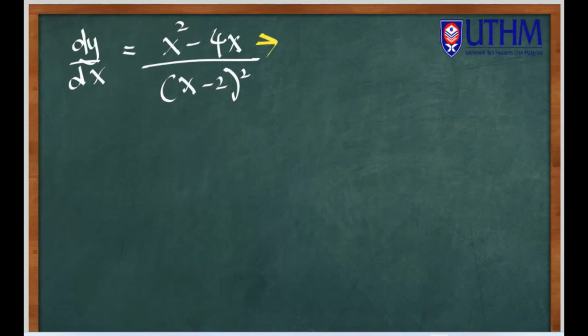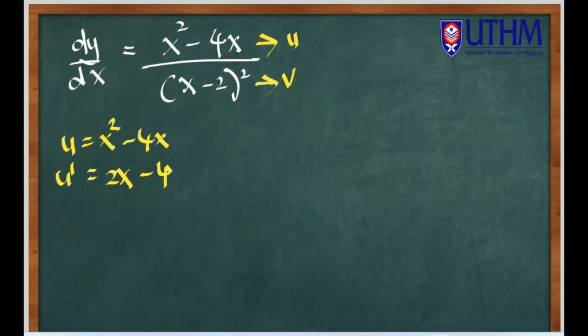Again we will use the quotient rule, where on the top will be u, and on the bottom will be v. So u is equal to x squared minus 4x, and u prime, or du/dx, we will get 2x minus 4.